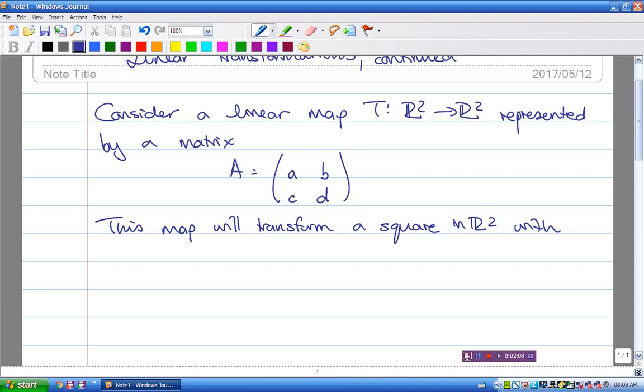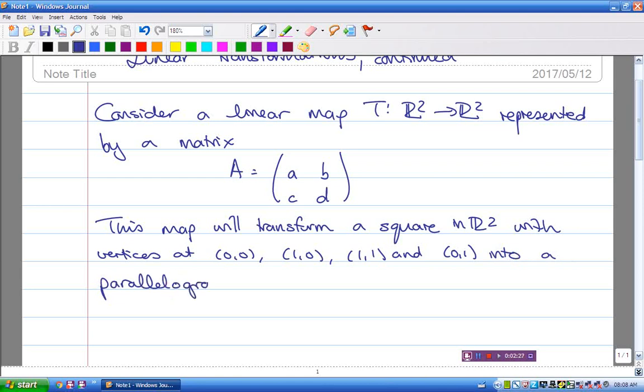This map will transform a square in R2 with vertices at (0,0), (1,0), (1,1), and (0,1) into a parallelogram, and we've already seen that with the example with the dots, number 61, I think it was. Now think about it.